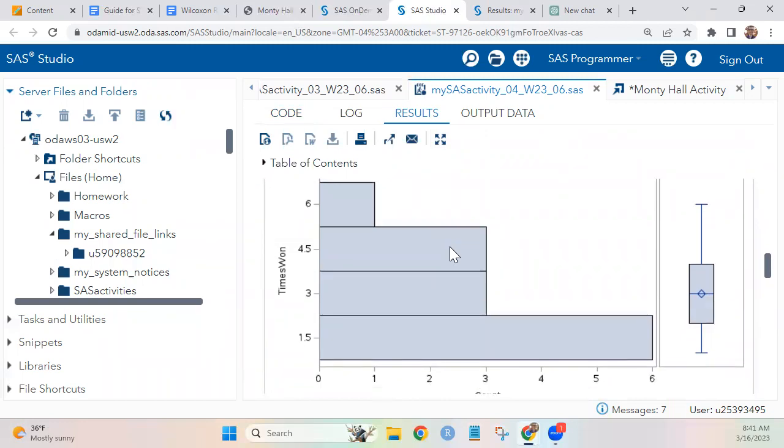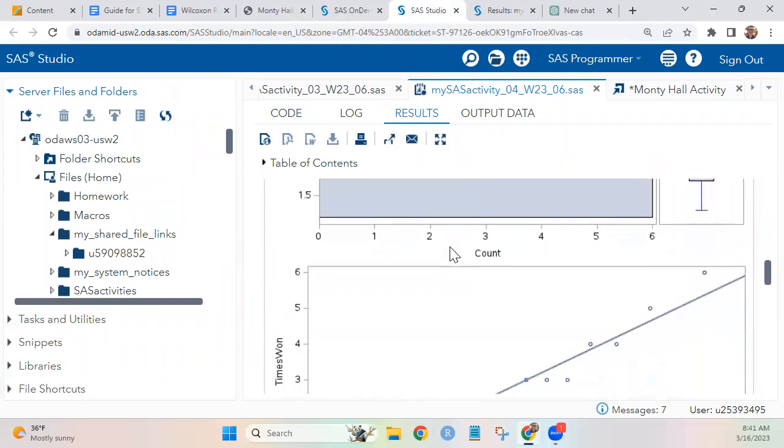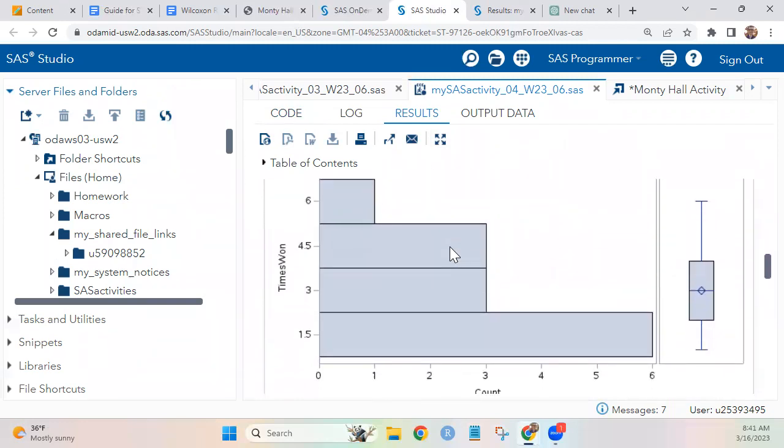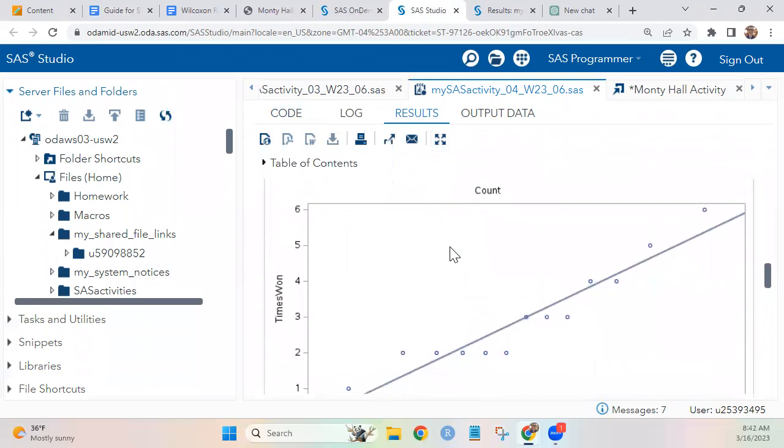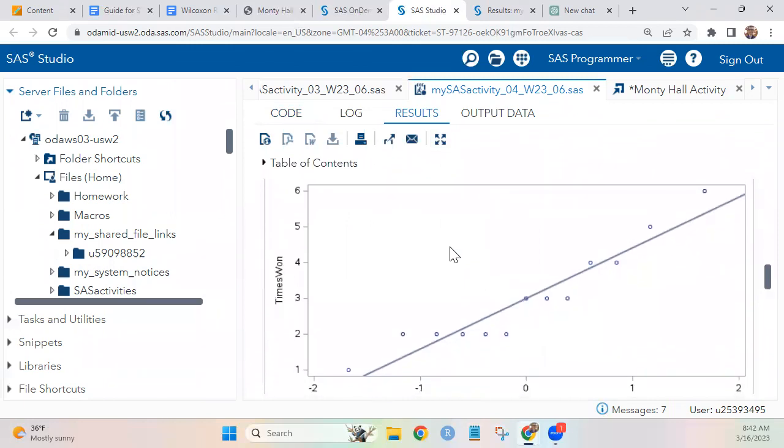Not very bell-shaped, no. That's pretty awful, actually. But how does the QQ plot look? Yeah, that's actually not bad. In fact, I'm surprised at how good this looks.